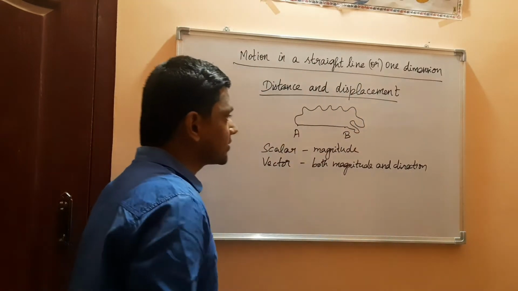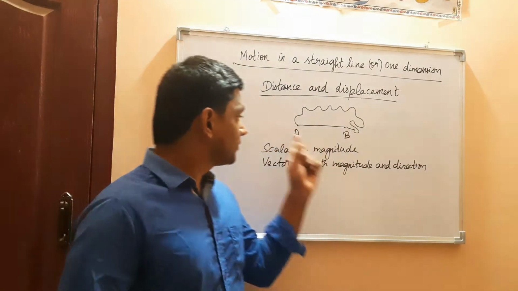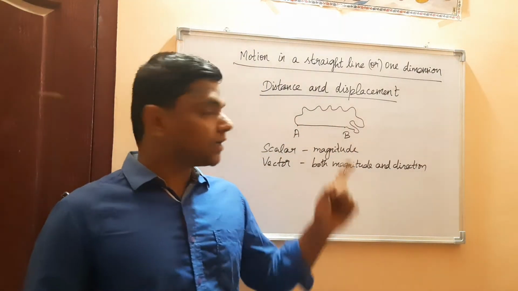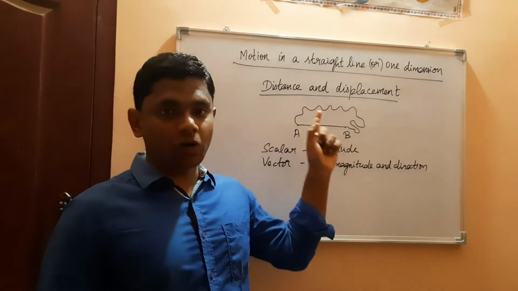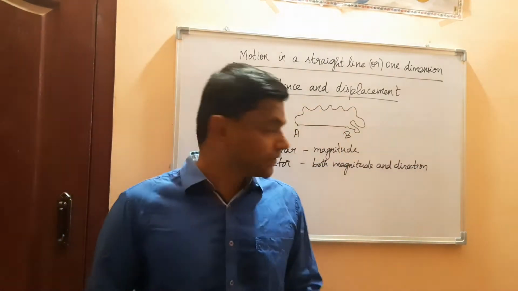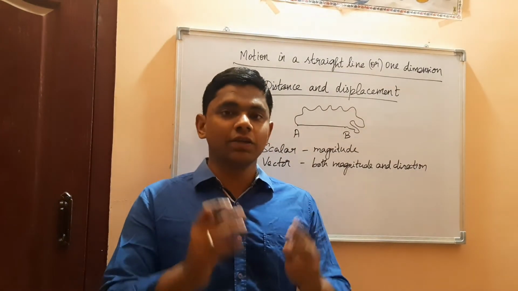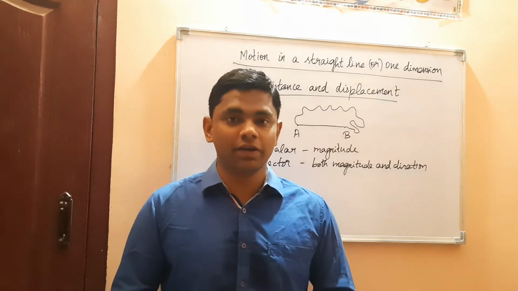As far as distance is concerned, you are concerned mainly about the magnitude only, that is the total path traveled by the body while going from one point to another point. But as far as vector is concerned, we need to mention in what direction it is traveling.